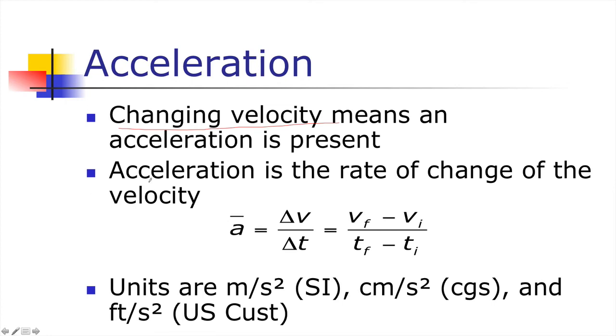So in general, acceleration is the rate of change of velocity, how fast the velocity is changing. This Greek letter delta that you see here means change, nothing else. Don't get frustrated when you see a new symbol like that you haven't seen before. It doesn't mean anything more than change.